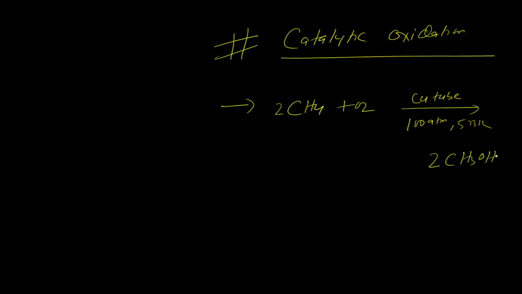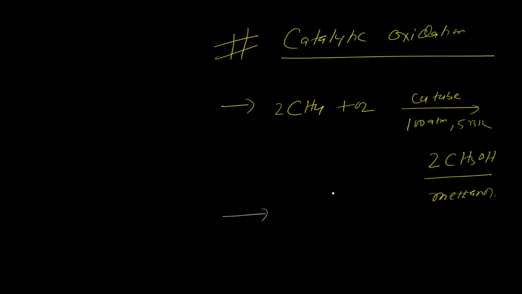So you should keep in mind, in the presence of copper, oxidation of methane gives methanol. It is very poisonous in nature. It can damage the brain, disturb your nervous system, and cause blindness, and it may be fatal if consumed in large amounts.